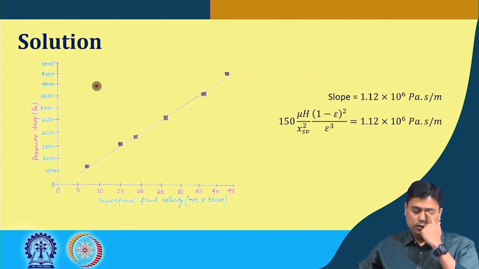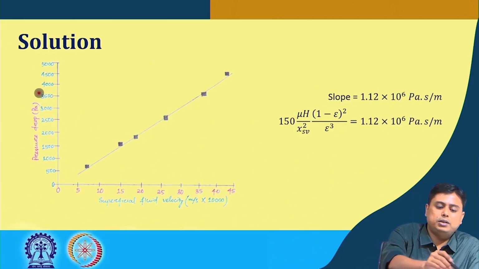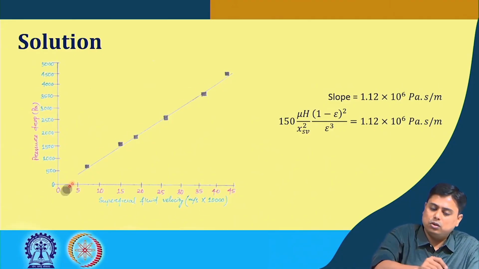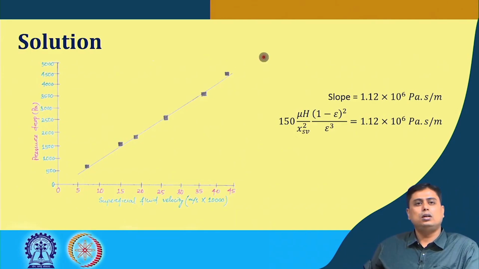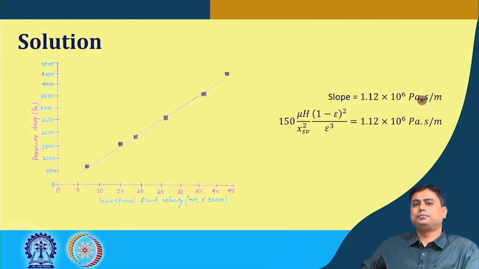So, we do that, we see that the superficial fluid velocity and the pressure drop are points which we can fit through a straight line with a slope of 1.12 into 10 to the power 6 Pascal second per meter. That establishes that the operation is happening in the laminar region.